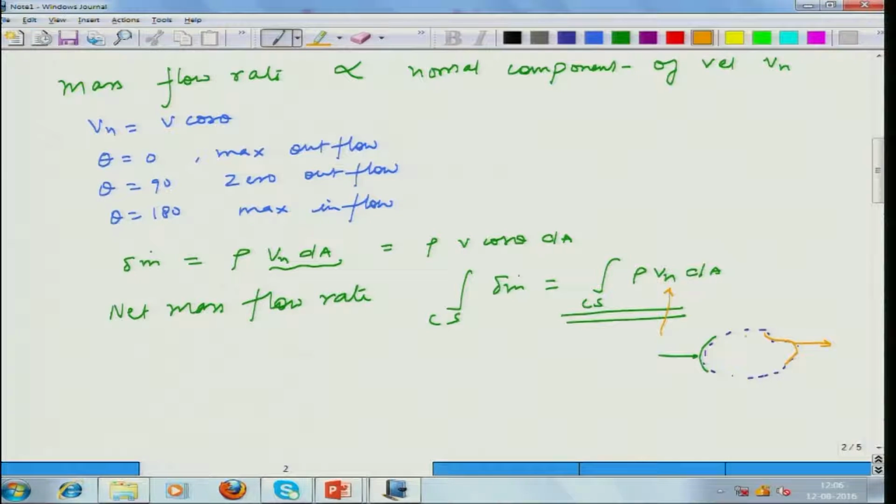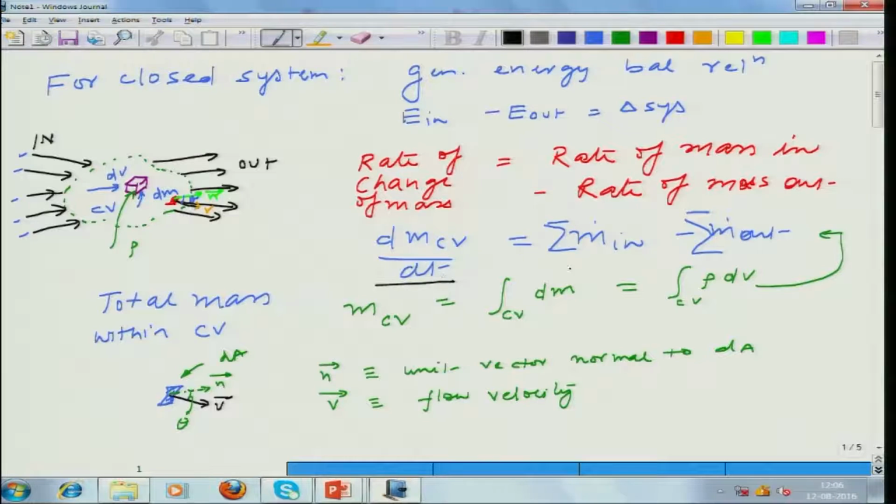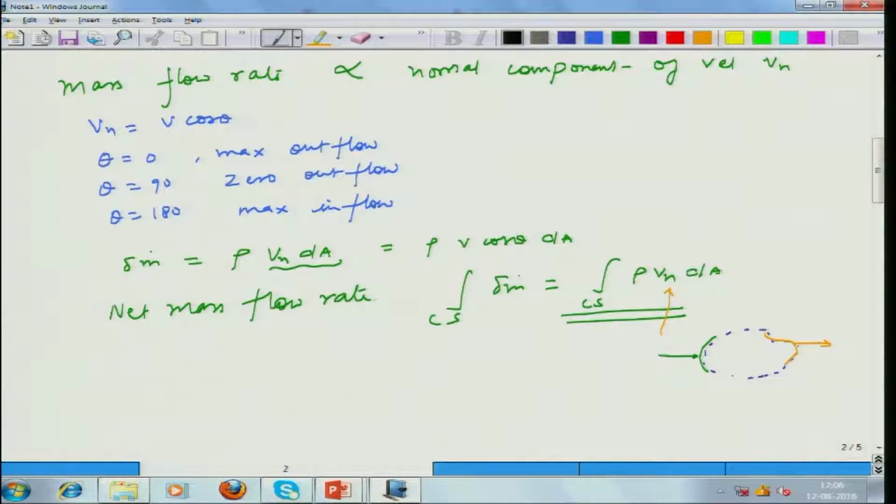So now we can use this information to come up with the final expression for the mass conservation. So let's write that. We already wrote this. This is our expression. So we can replace this dm CV by dt and m dot in by this expression. Okay. Now instead of taking the overall control surface, we can say this is the effective in and this is the effective out surface area, or this would be the direction.